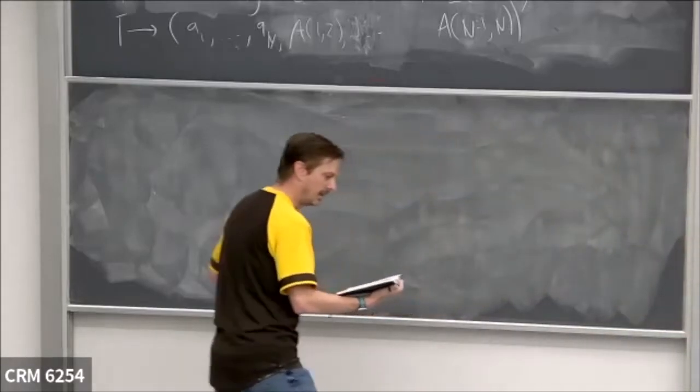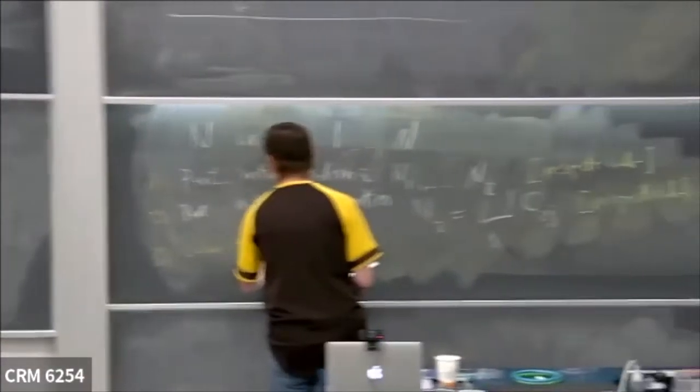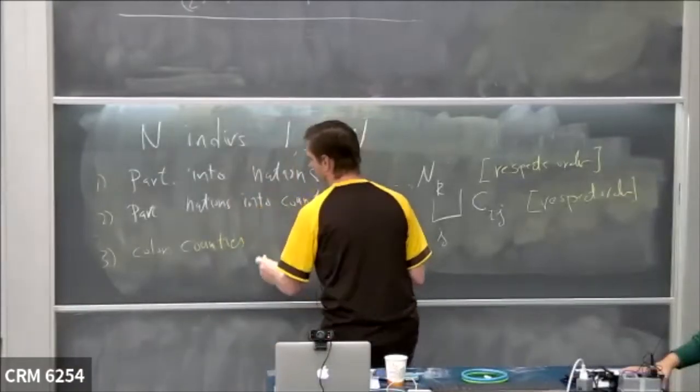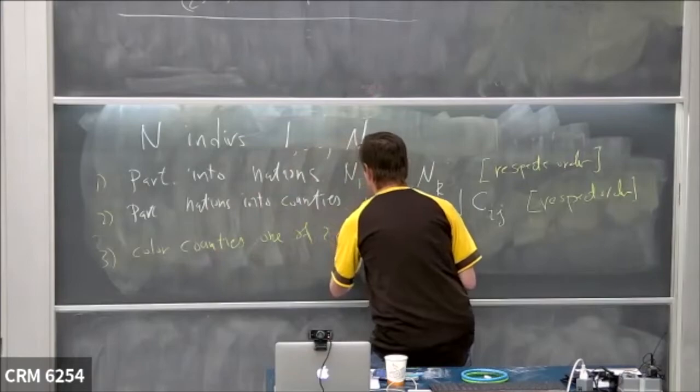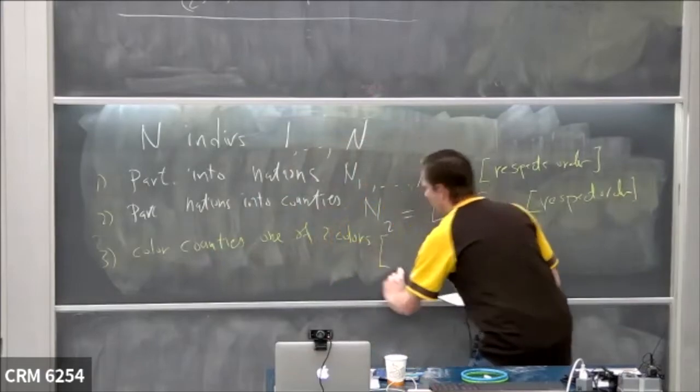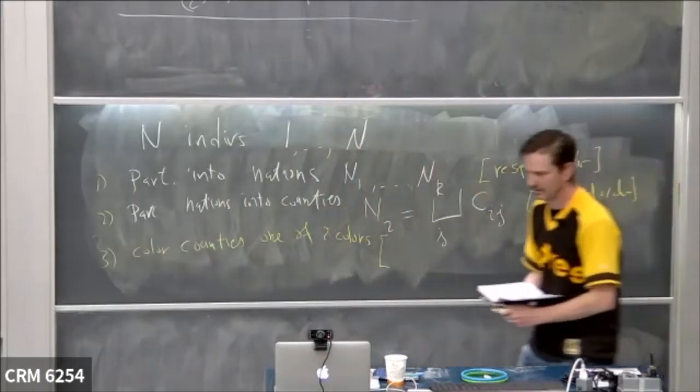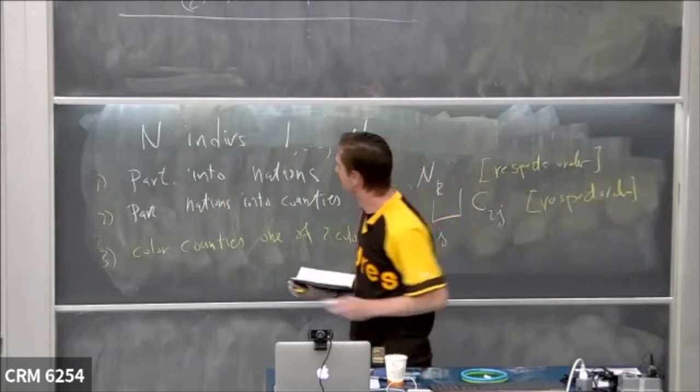Sorry, I forgot one thing. There's a third thing that we must do. So that's 1, 2, 3. We're also going to color counties one of two colors. I don't know what colors are going to be best.